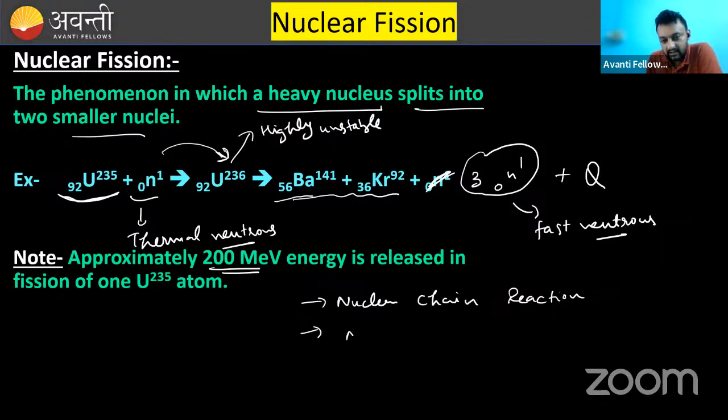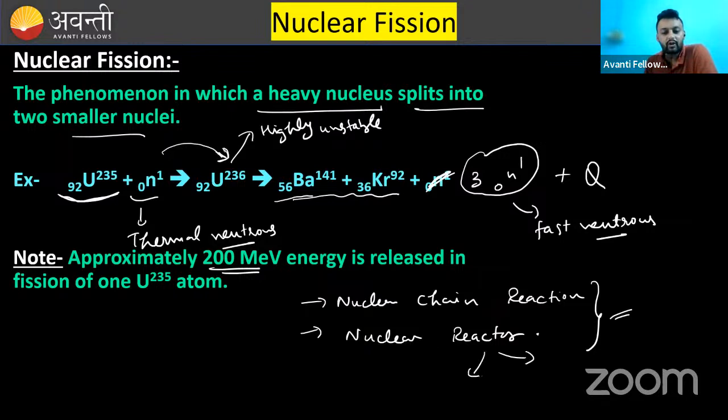And another thing is the nuclear reactor. Read these two topics from your NCERT book, and it will be enough. What are moderators? What are control rods? Why is heavy water used? You can read these topics from the nuclear reactor section of your NCERT book.